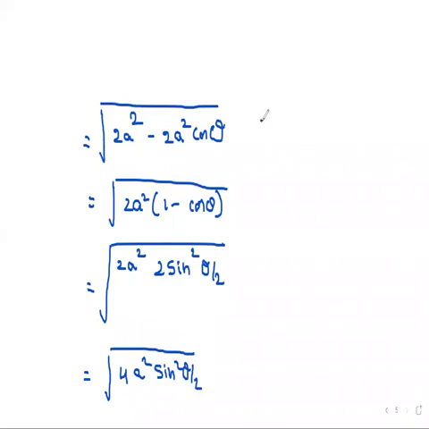By taking the square root of all of them, the square root of 4 will be 2, the square root of A square will be A, the square root of sin square theta by 2 will be sin theta by 2. So finally modulus delta A bar will be 2A sin theta by 2.